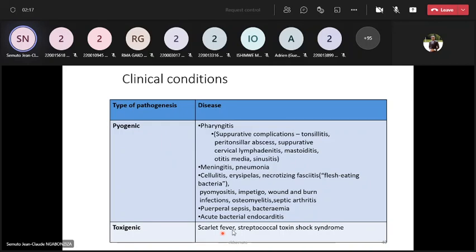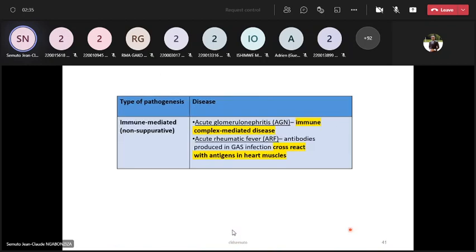Toxigenic, we have scarlet fever, we have streptococcal toxic shock syndrome. So by the toxin, they can induce scarlet fever, which we see in streptococcal toxic shock syndrome. As immune mediated, this is more like no longer the pathogen involved, but only the immune system induced by the pathogen. So the pathogen may or may not be in there, but it already induces the immune system that will cause disease.